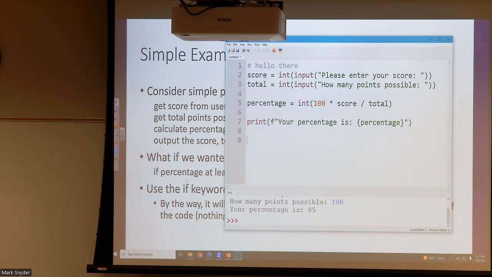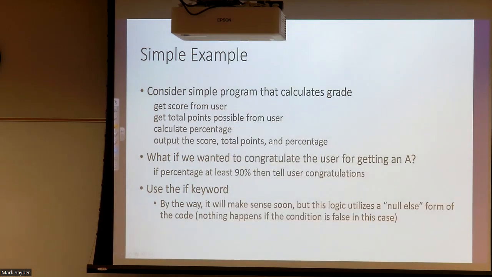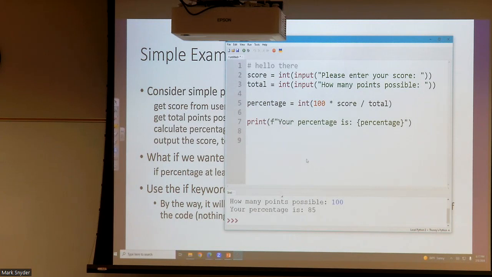Now, if the percentage is at least 90%, then tell the user congratulations. So what that would look like is, it says if it's at least 90%, right?